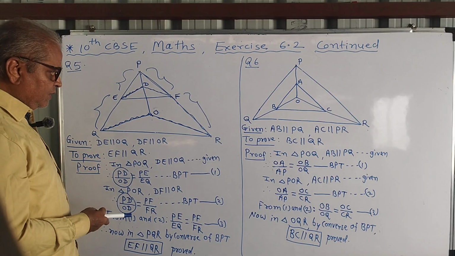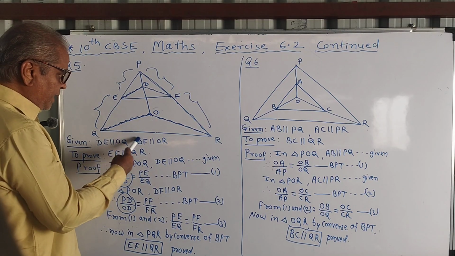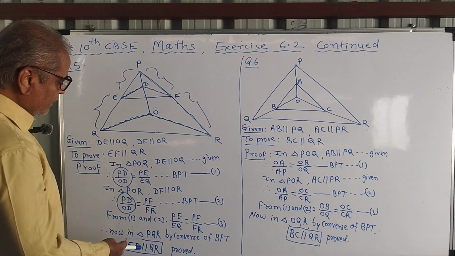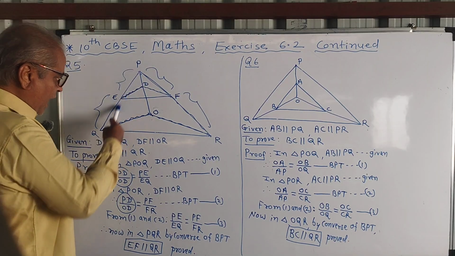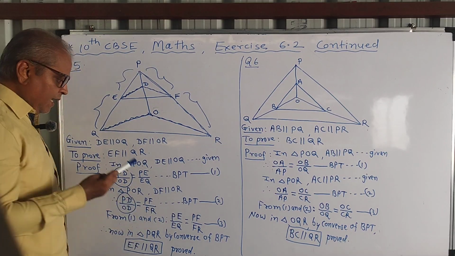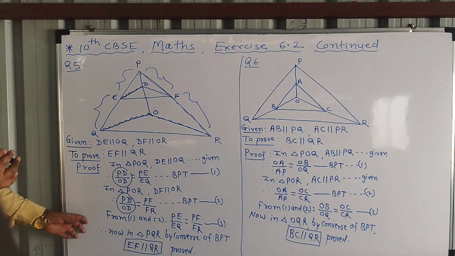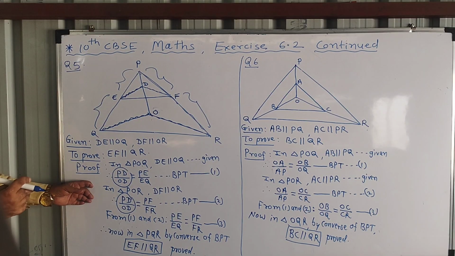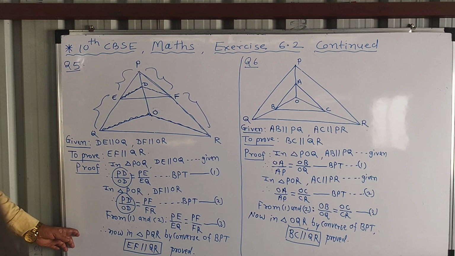So by using the converse of BPT in triangle PQR, I can say EF is parallel to QR, and in this way this is proved. This question might be for 3 marks or sometimes for 2 marks also.